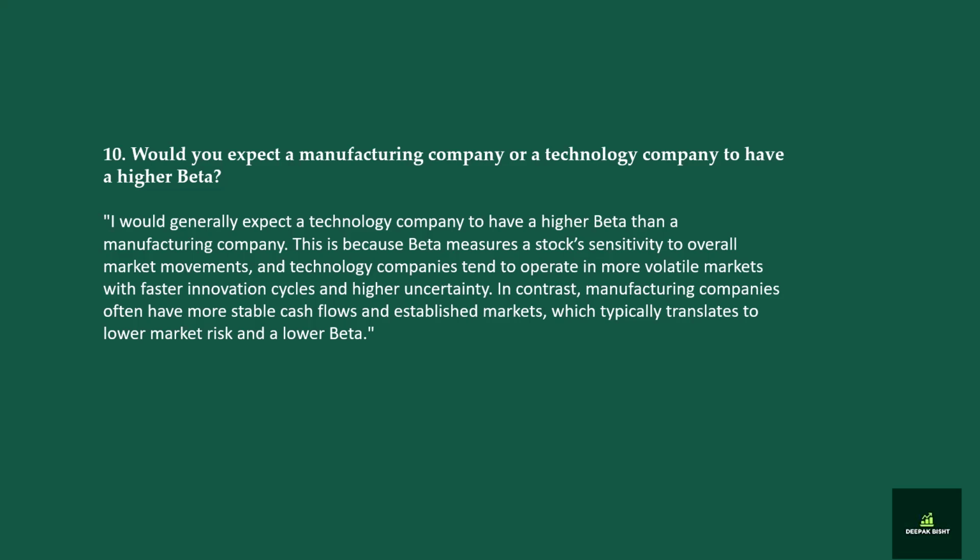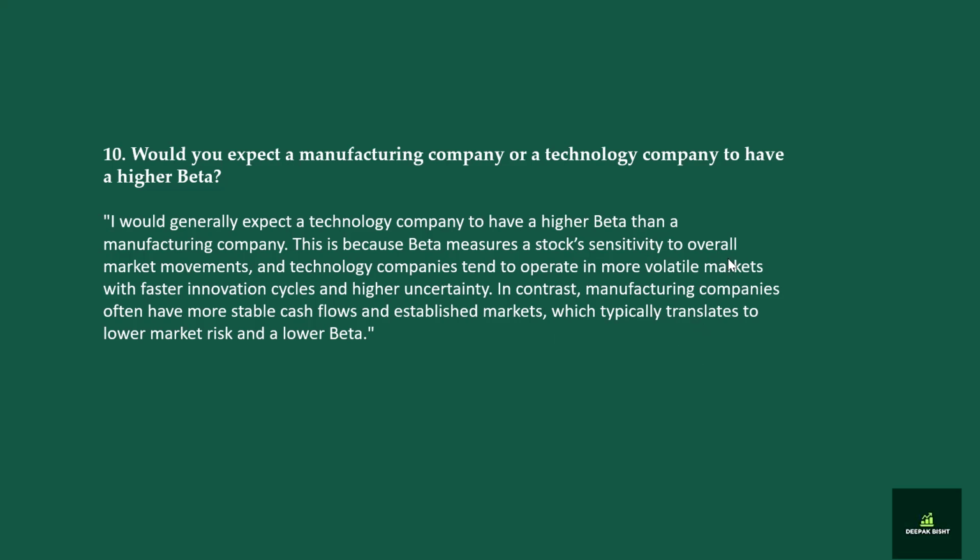If we think about it from the perspective of industry volatility, technology companies operate in industries that are rapidly evolving, and consumer preferences, competition, and innovation cycles can change quickly, which can lead to larger swings in revenue and stock prices.